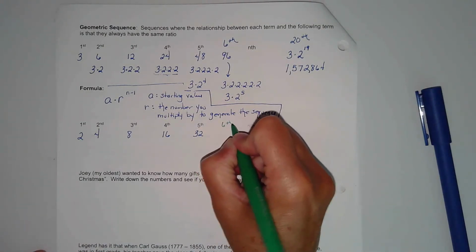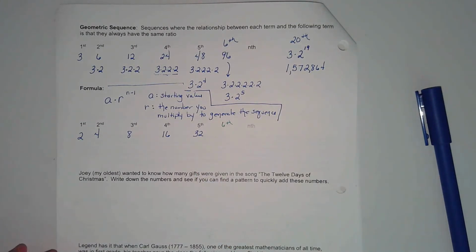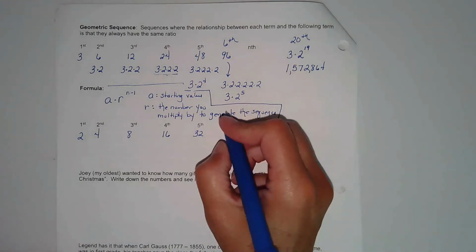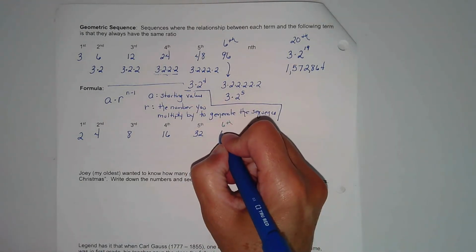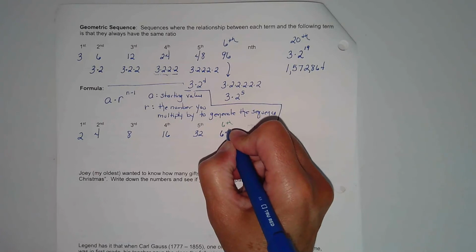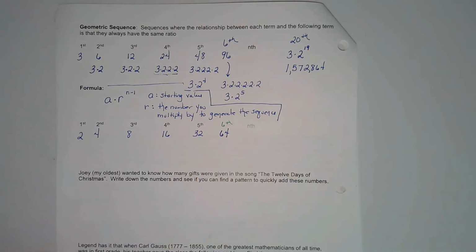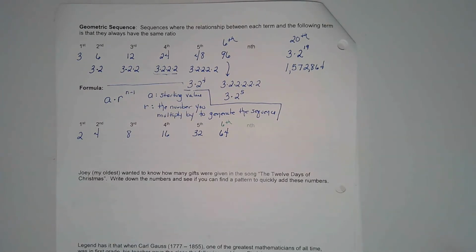If I said what's the 6th term, you'd say, oh, Kathleen, you're just doubling it each time. In this case, you're multiplying by 2. It can be multiplied by any number. It doesn't have to always be 2. I just happened to pick a problem where they were both 2, but it can be 3 or 5 or 10. You'll notice that they're different values.